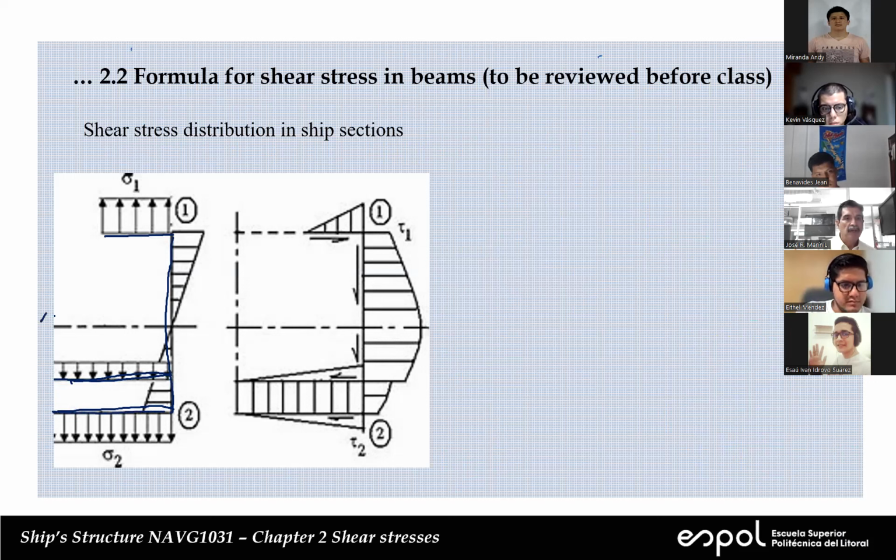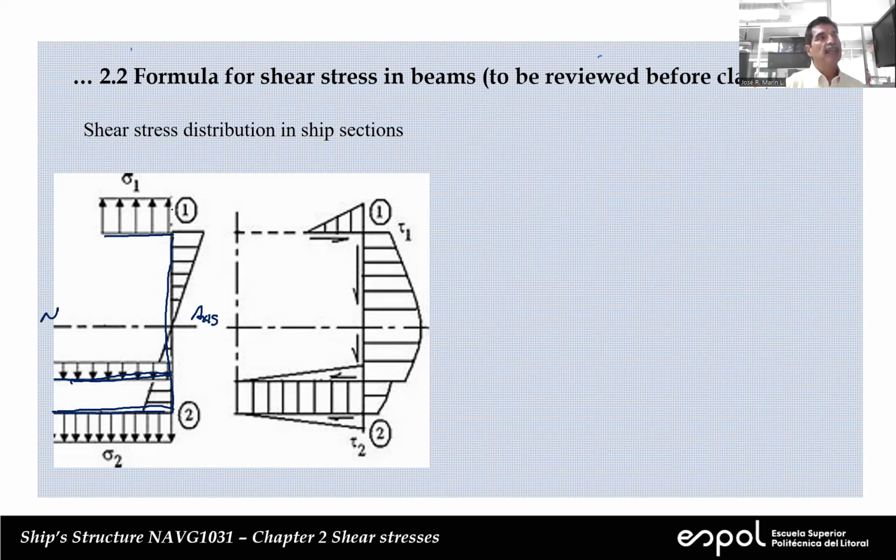So this is the neutral axis. And you see that on the left, this is the normal stress. At the deck, since the distance is very large, you can expect a large value of the normal stress. How do you evaluate the normal stress, Ms. Valdez? How do you evaluate this value here? How do you calculate this? The bending moment.